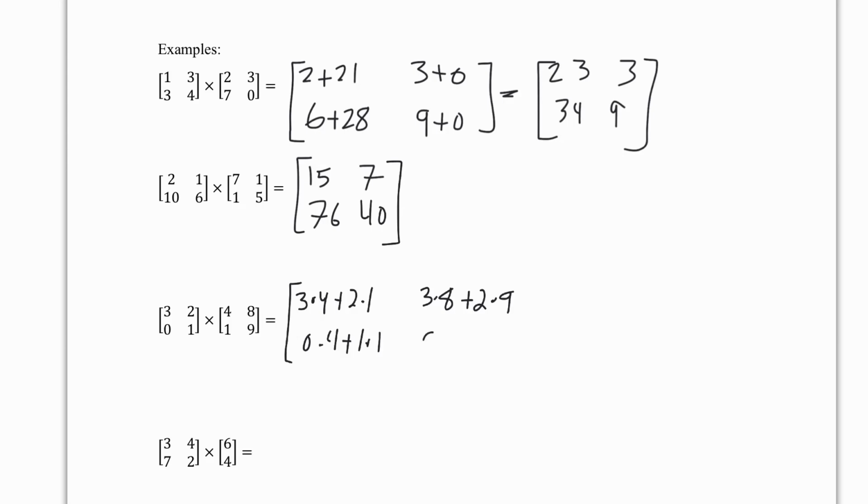And then 0 times 8 plus 1 times 9. So cleaning all that up, we're going to get 12 and 2, which is 14. 24 and 18, which is 42. 1 and 9.